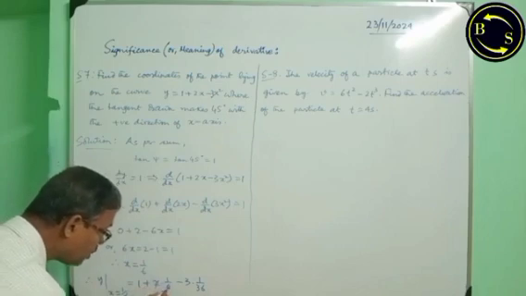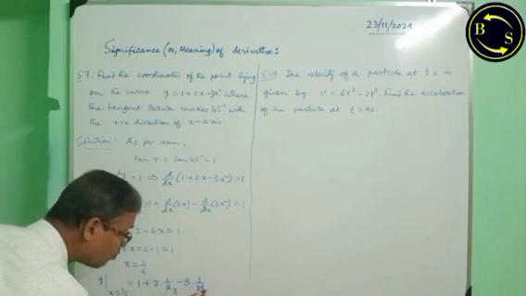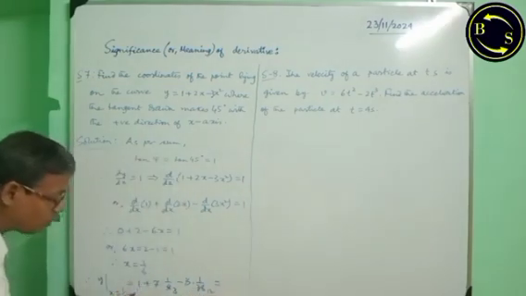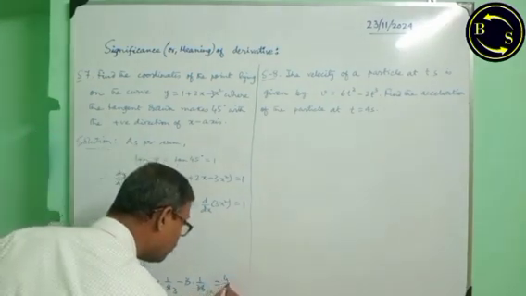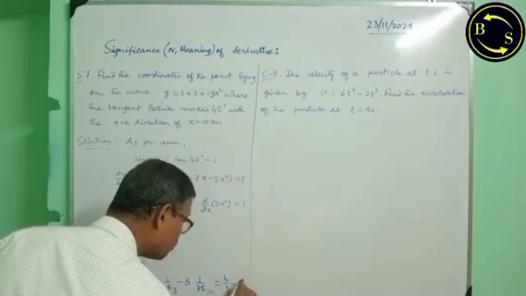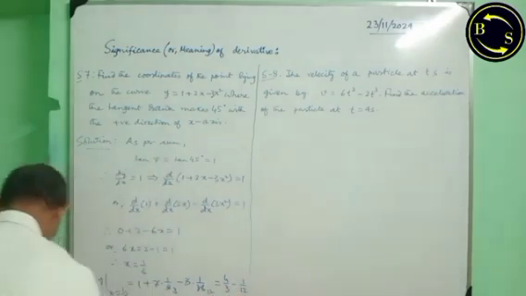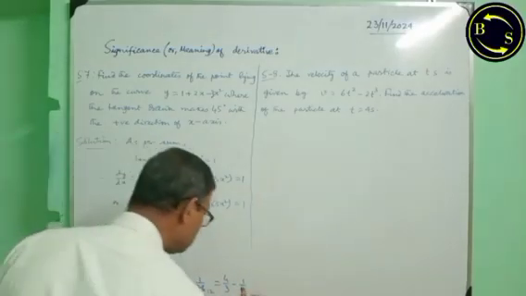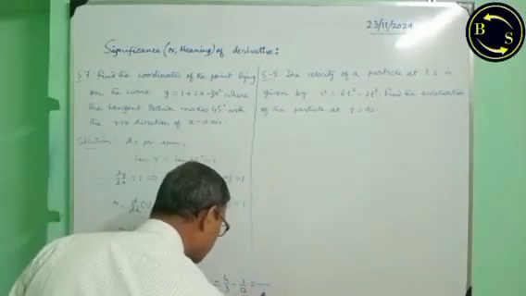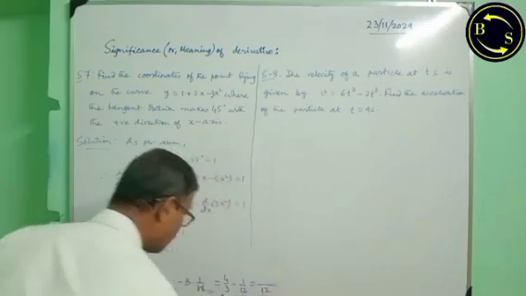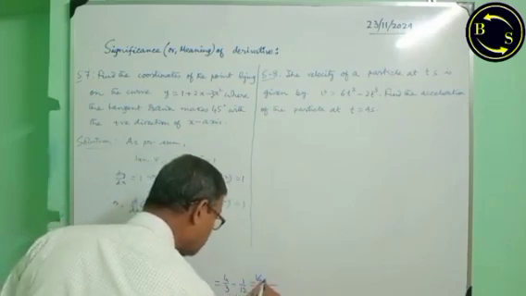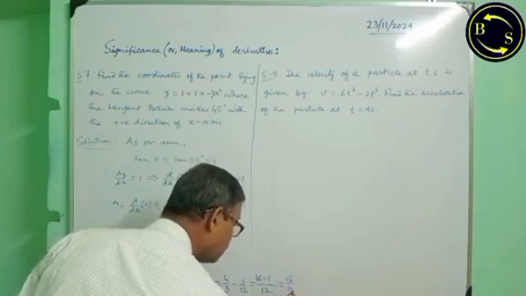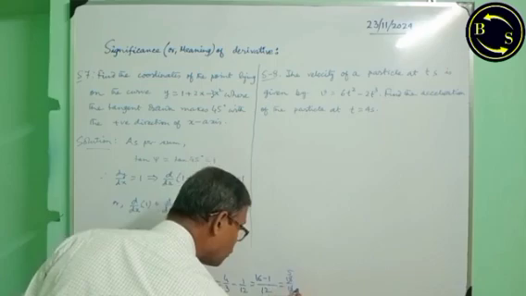Now we simplify. 1 plus 1 by 3, that is 4 by 3, minus 1 by 12. We calculate that. 16 minus 1, 15 by 12, that is 5 by 4.